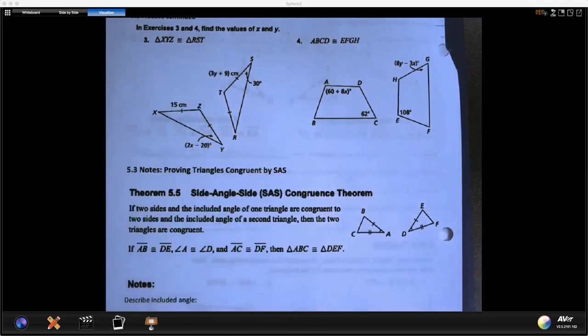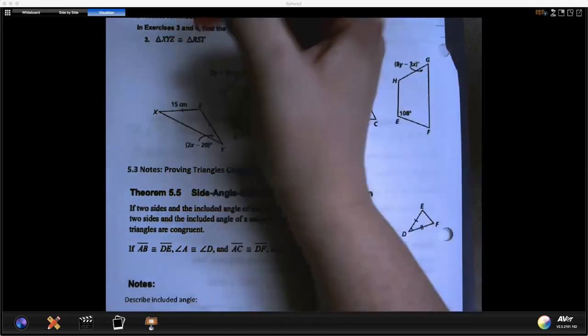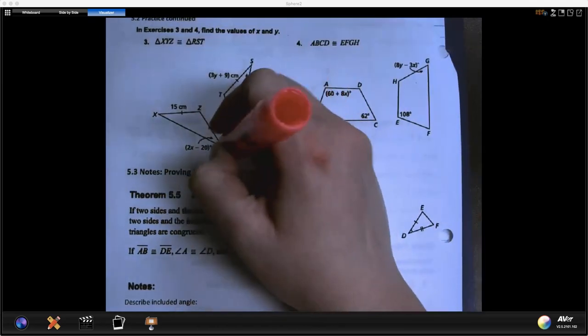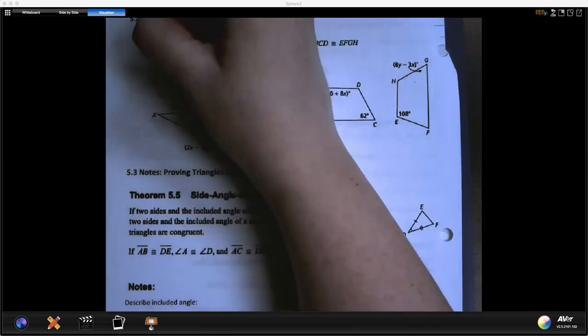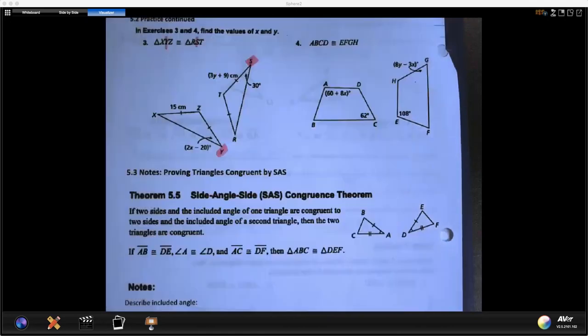So thinking about that middle letter situation, we know that we have angle Y right here. That's going to match with angle S based on the order that they're written. And that's true for everything else.